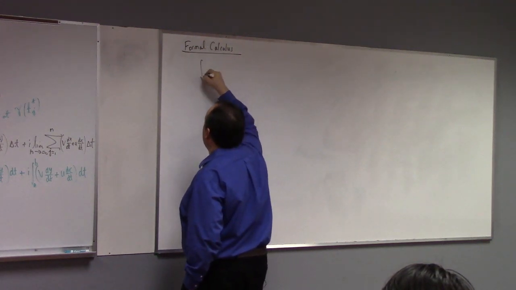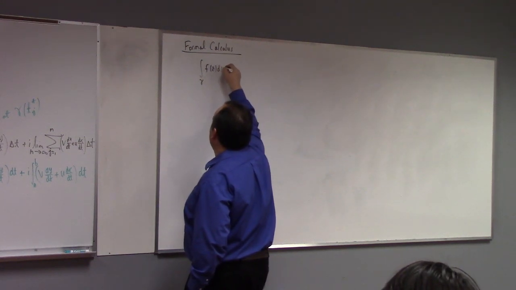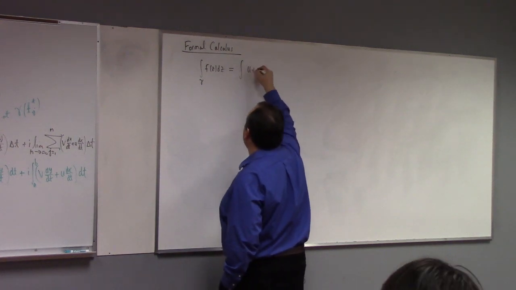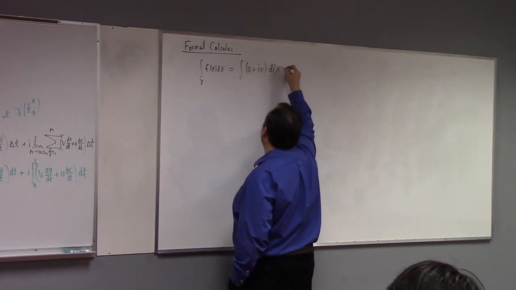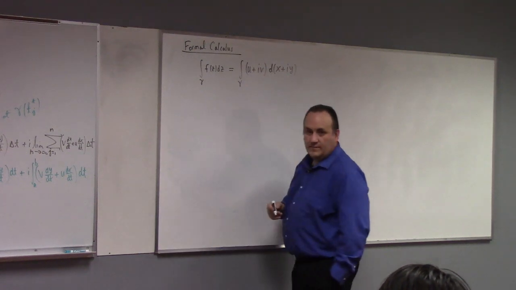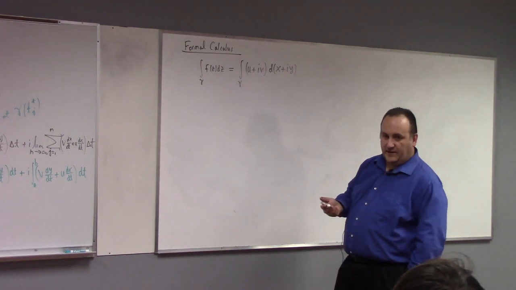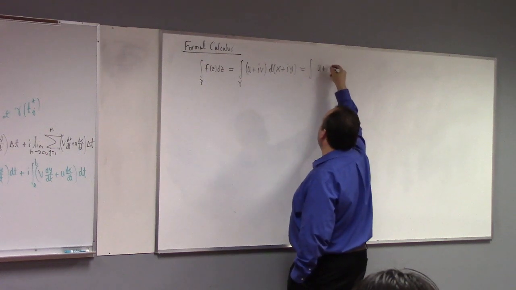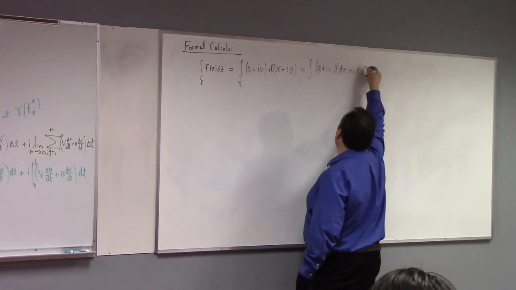If I look at the integral over gamma of f of z dz, really I'm looking at the integral of u plus iv, and I'm looking at the differential of x plus iy, because that's what z is. Z is x plus iy, right? So this is the integral of u plus iv times dx plus i dy.